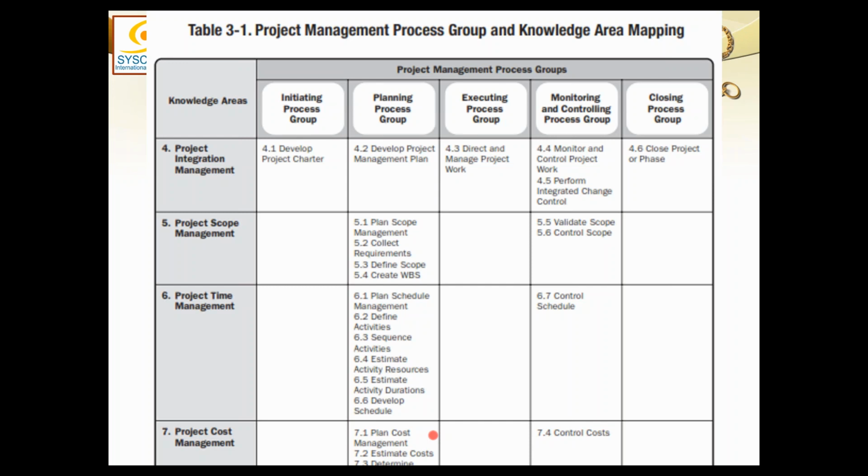So all those instructions will be encapsulated in the management plan. Similarly, for scope and time and cost and everything else, everything must have a management plan. That much is okay?